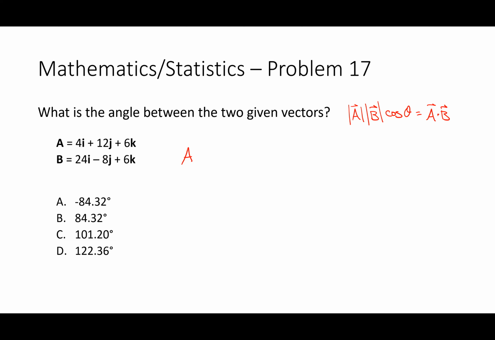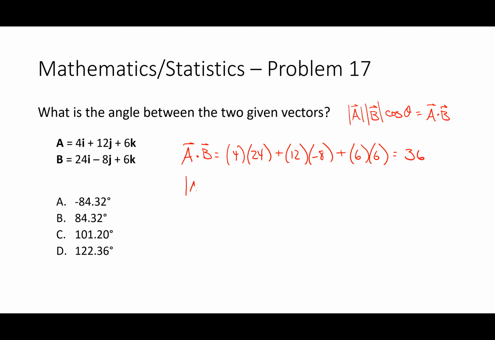What is the dot product? It is 4 times 2, plus 4 times 12, minus 8. When you plug and chug that, you'll get 36.